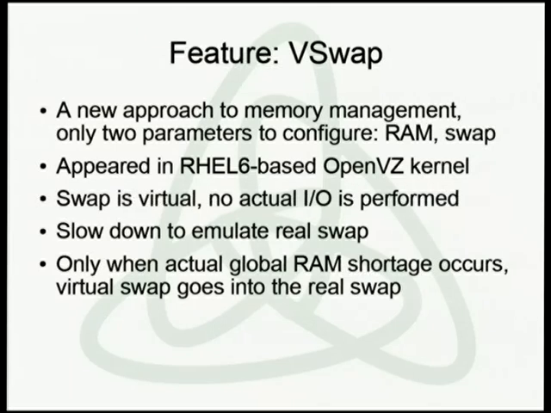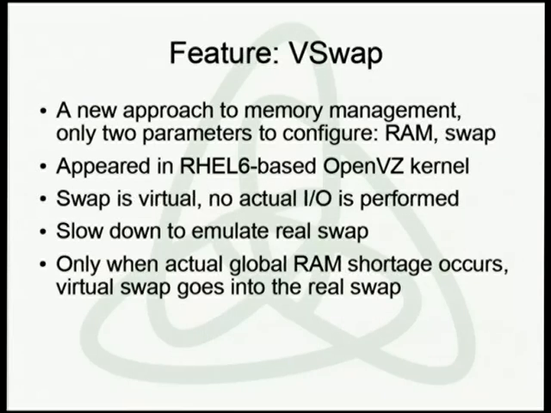So we thought it out, and our latest kernel comes with this feature called vSwap, which is the answer to the user beancounters configuration problem. Now you only have two parameters, RAM and swap. So for each container, you can say 1 gigabyte of RAM, 2 gigabytes of swap. And the thing is that swap is not real, it's virtual.